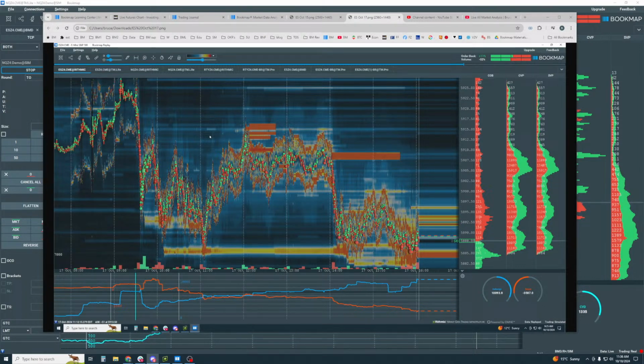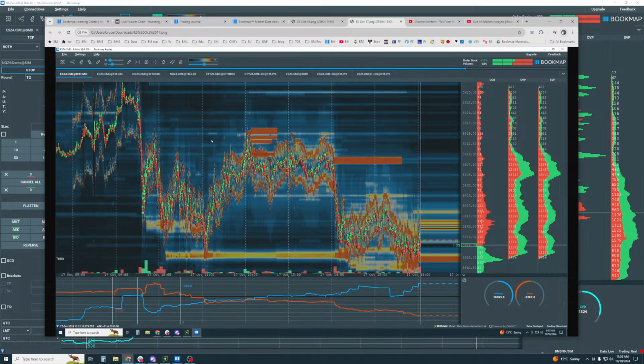You'll have the trade control panel on the Dome Pro, so you'll be able to input your order sizes and so on. I know it's been requested for quite a while, DNT, but we're getting there.